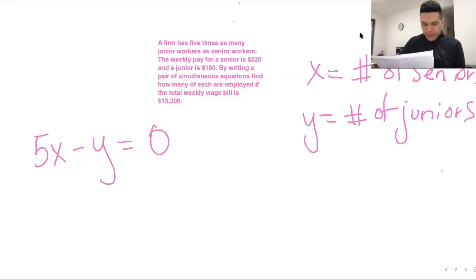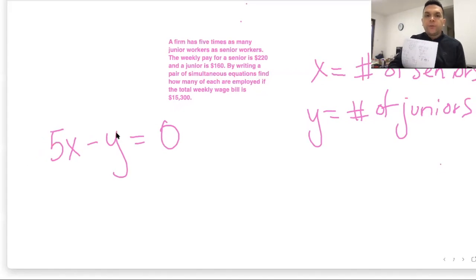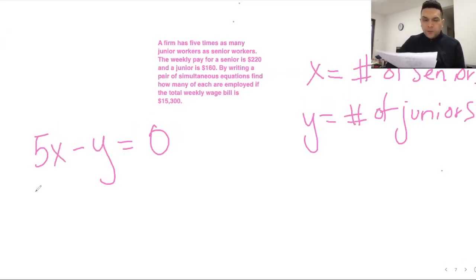Now they tell us that seniors make 220 per week, and a junior makes 160. And the total weekly bill is 15,300.